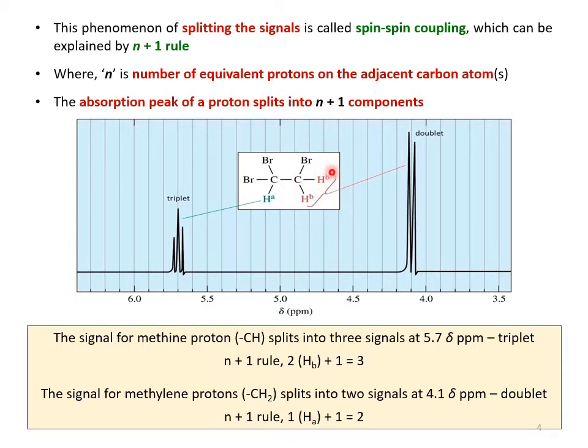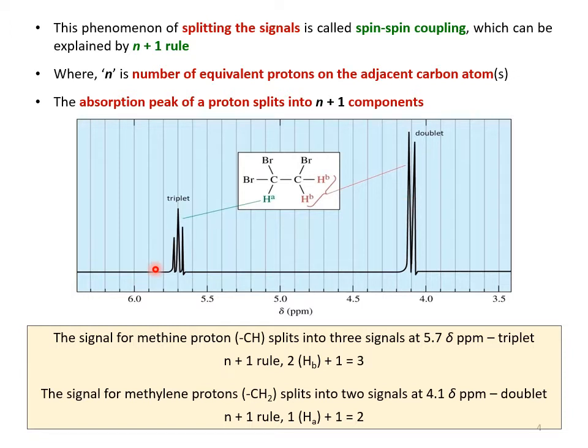Now you can easily understand. In the case of 1,1,2-tribromoethane, as we see in this NMR spectrum, we can see 5 signals.